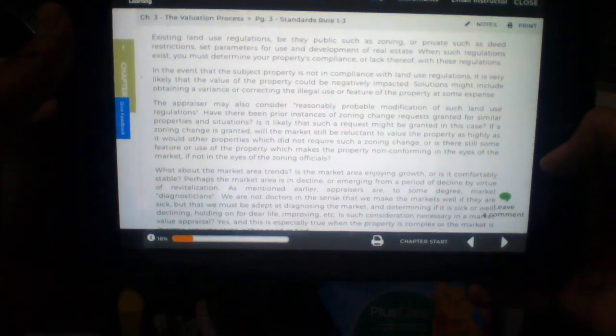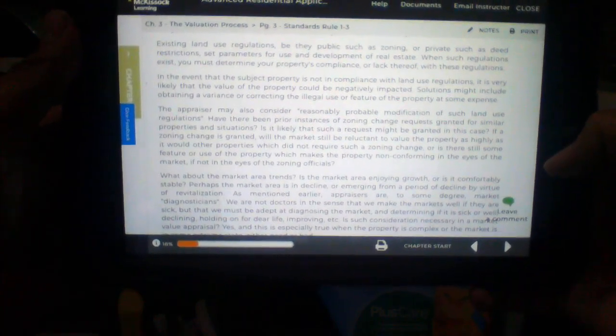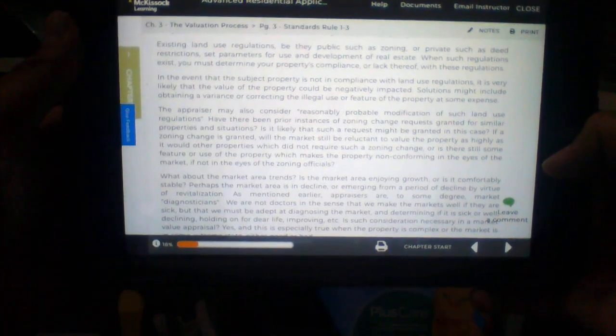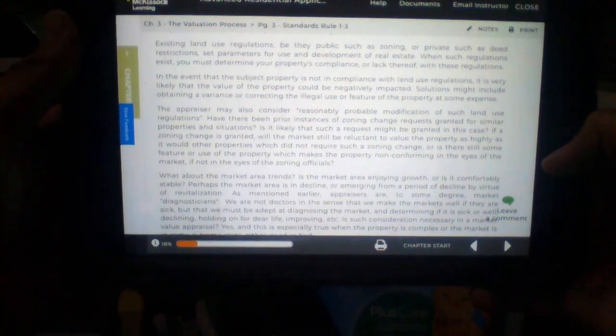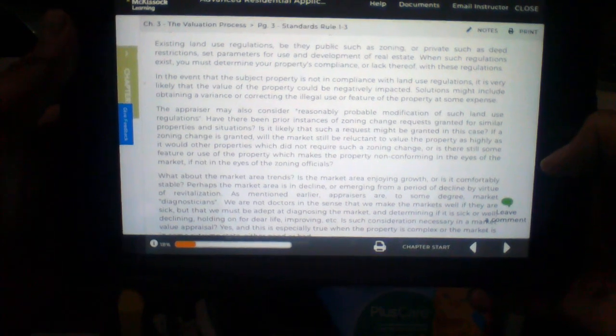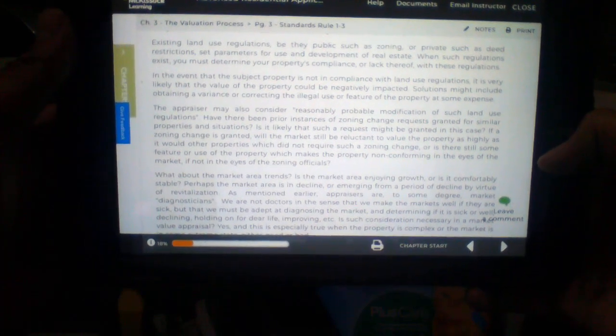Existing land use regulations, be they public, such as zoning, or private, such as deed restrictions, set parameters for use and development of real estate. When such regulations exist, you must determine your property's compliance or lack thereof with these regulations.